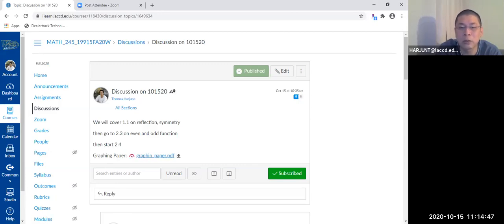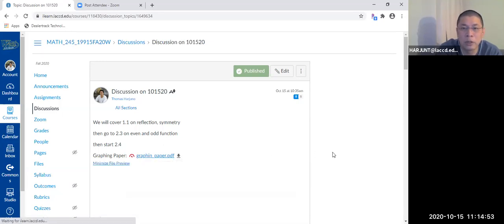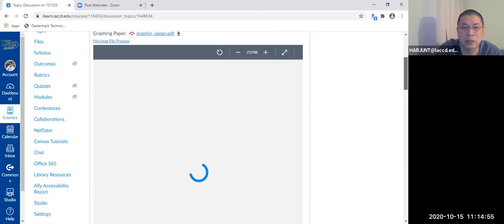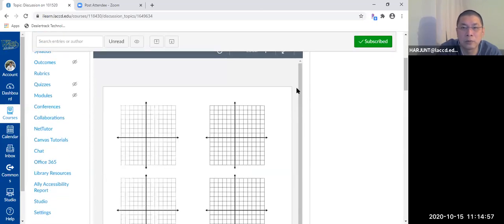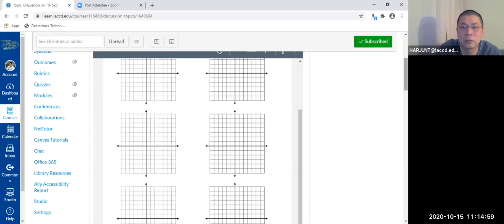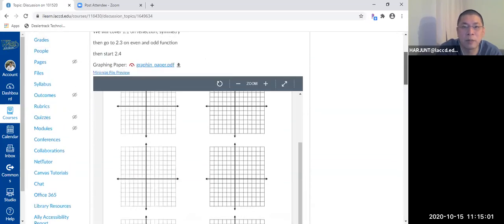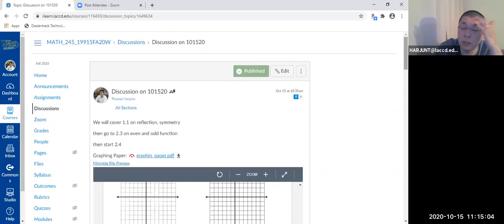Oh, I already closed it. Well, it looks like when you do the preview here, it's one page with 6 graphing paper. Yeah, 6 graphing paper. Okay, so print maybe 5 or 6, so that on Tuesday will be easier for you.